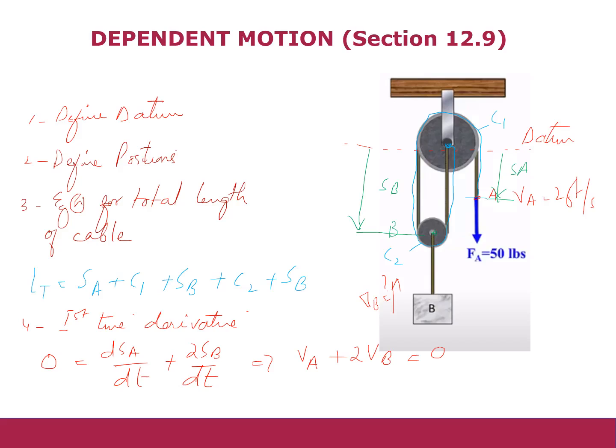And you know that you have vA which is 2, and so your vB becomes minus 1 feet per second, right? So you can see that as this is moving with the velocity of 2 feet per second downward, this body B is moving with the velocity of 1 feet per second. So half of the velocity by which this point is moving in the downward direction. So it is much slower.